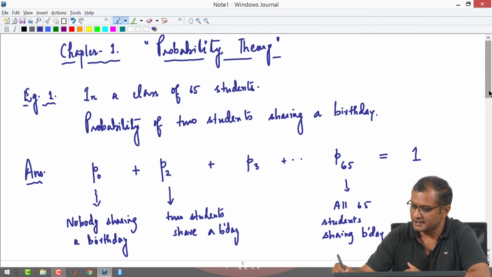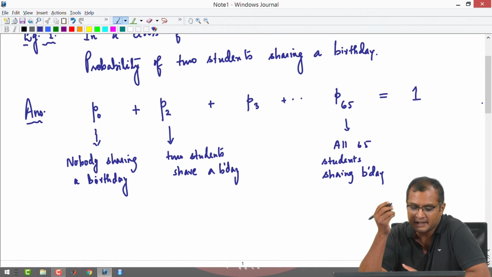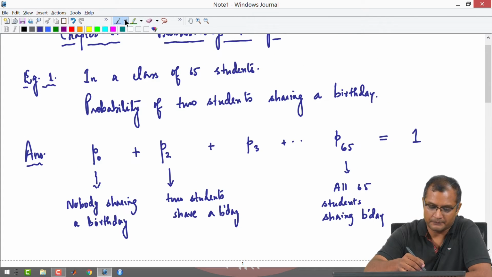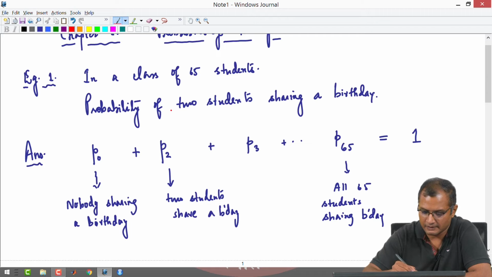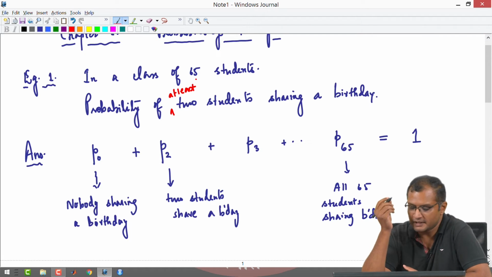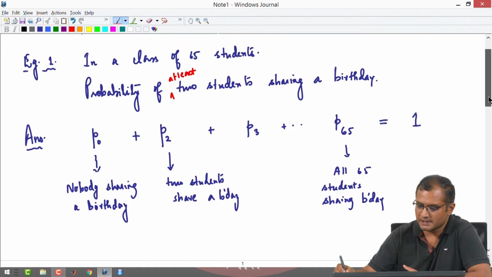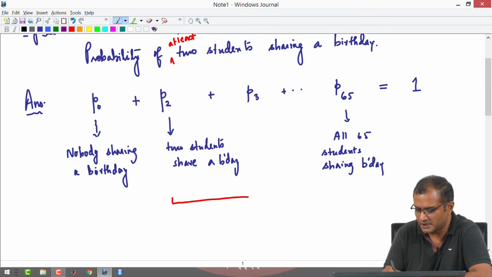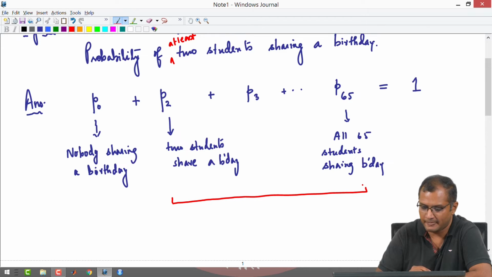What is asked is basically the probability that at least 2 students, I should slightly correct my question, and then if the question is at least 2 students sharing a birthday, that is basically the sum of all these, P2, P3 up to P65. Okay.